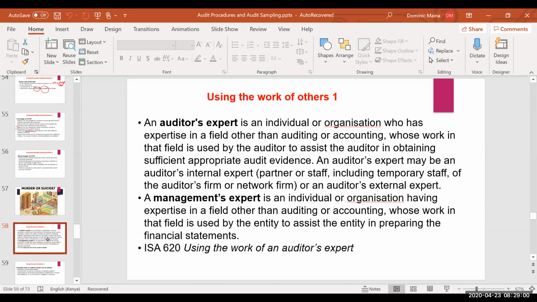Now, in the 620, what is referred to as using the work of an auditor's expert. Let me just share the ISA.